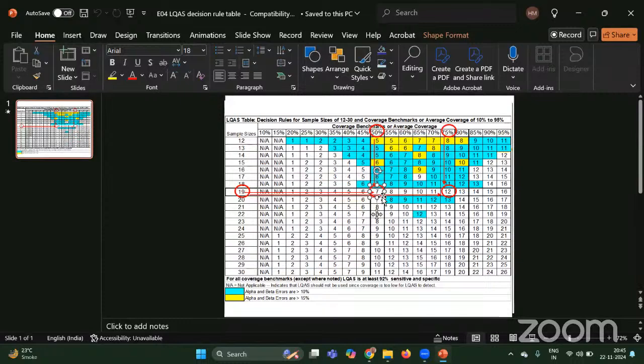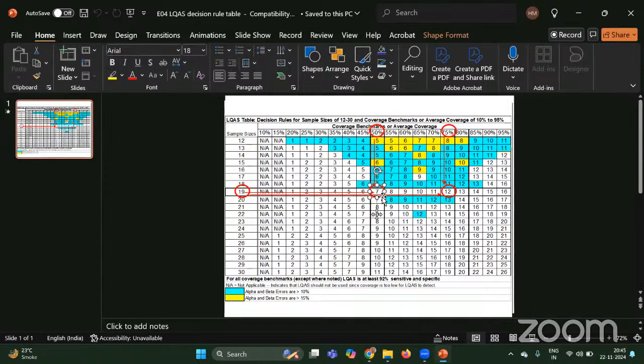This is how you utilize this table. It will not tell you that this is the percentage. It will tell you it is not beyond this. So lot sampling is not to find out a percentage, but it will tell you whether this percentage could be there or not, whether this is true or not.